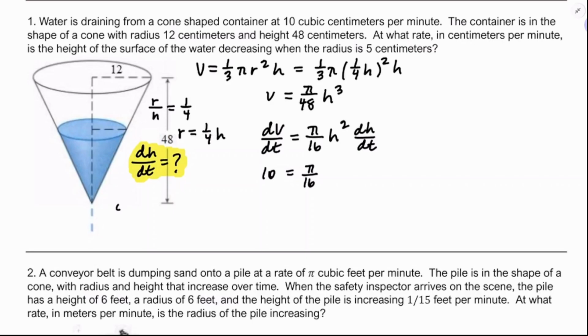So radius equals 5, 5 equals 1/4 of the height. Height has to be 20. All right, so h squared is going to be 400 times dh dt. I'm going to multiply both sides by 16, and I'll get 160. And then I'll divide both sides by pi and by 400, so I'd have 400 pi.